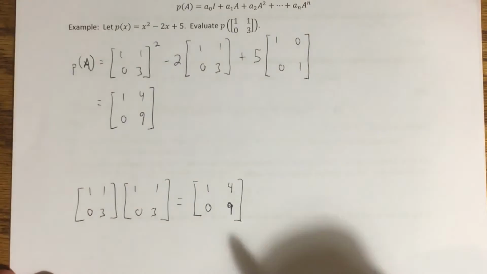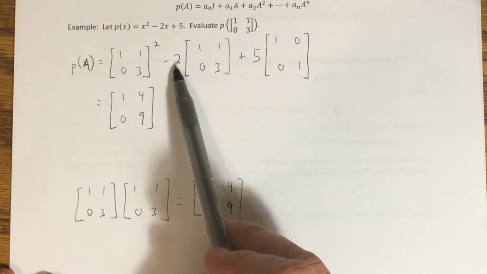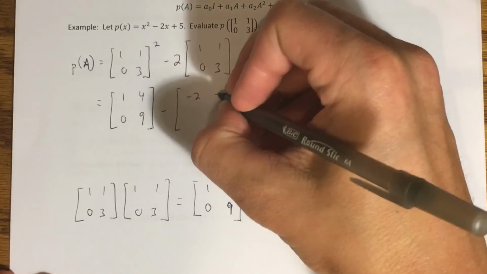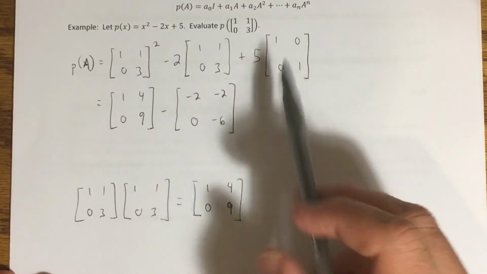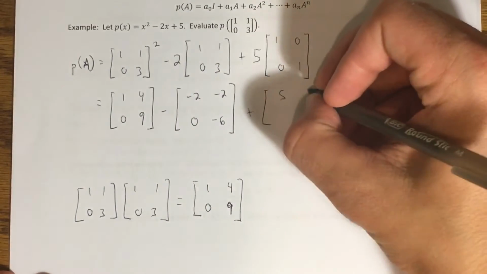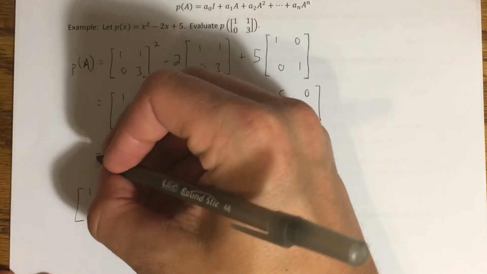1 4 0 9. Now for these guys, let's go ahead and do the scalar multiplication. -2 times this matrix is going to look like -2, -2, 0, -6. And then same thing here, multiply by 5, I get this: 5, 0, 0, 5. From here, it's pretty straightforward.